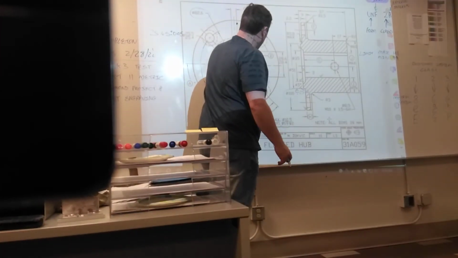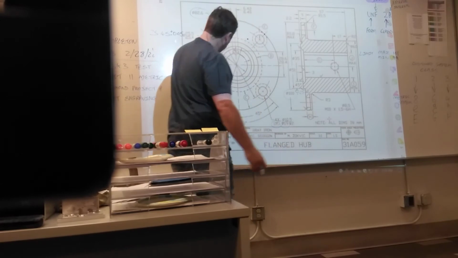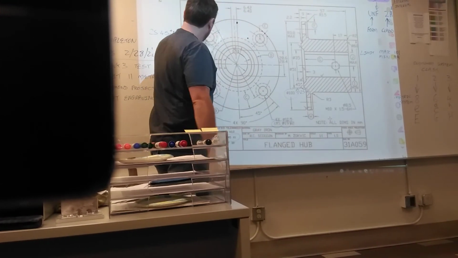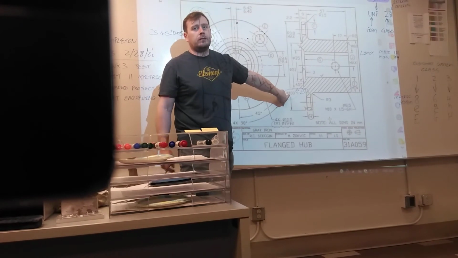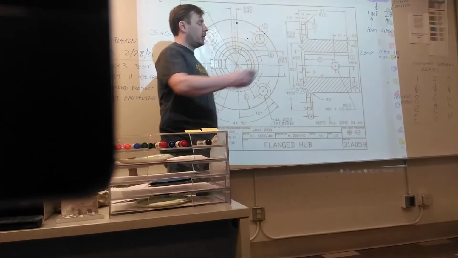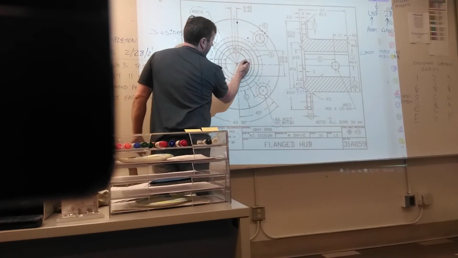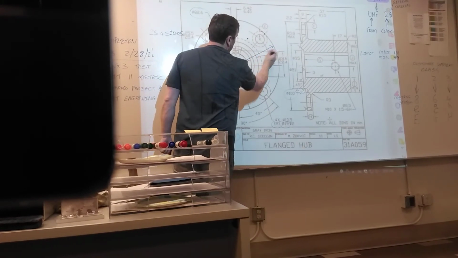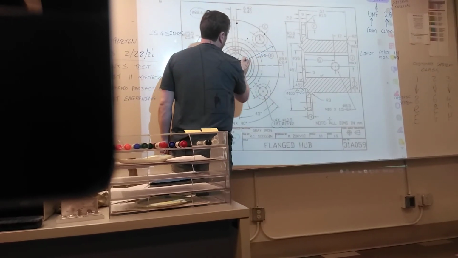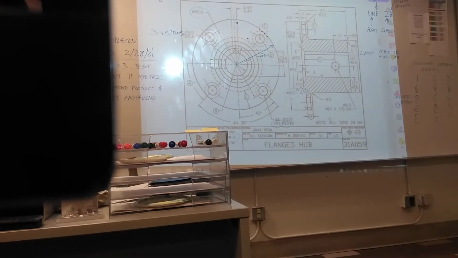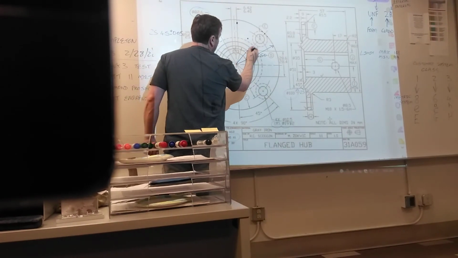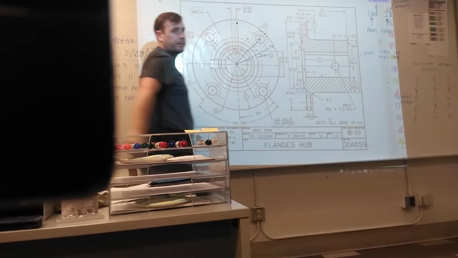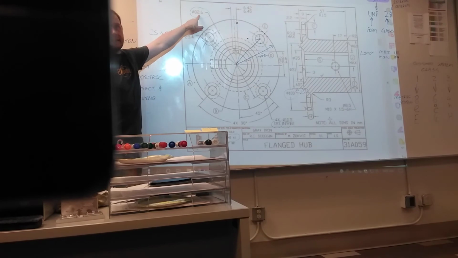So what do we know about the flange diameter? It's 100. So how far would it be from the center? A radius, 50, right? What do we know about the bolt circle? 82.6.